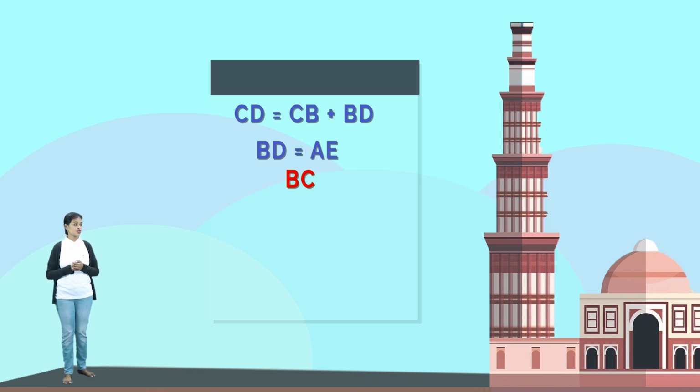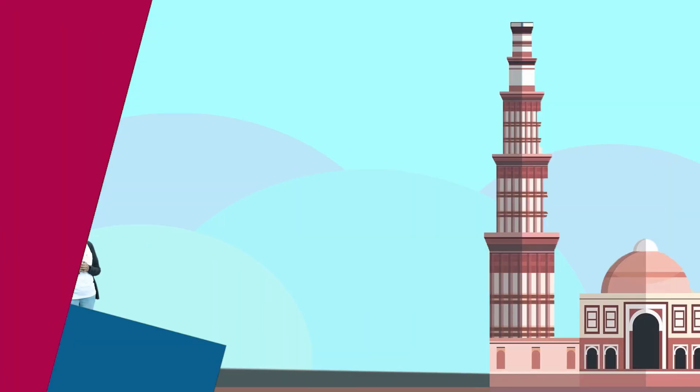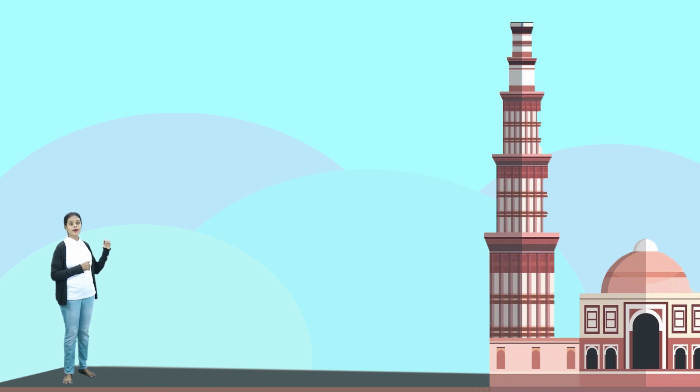So, we can use tan A or cot A, as these ratios involve AB and BC. Therefore, tan A is equal to BC by AB or cot A is equal to AB by BC, which on solving we will get BC. Here, by adding AE to BC, we will get the height of the Minar.